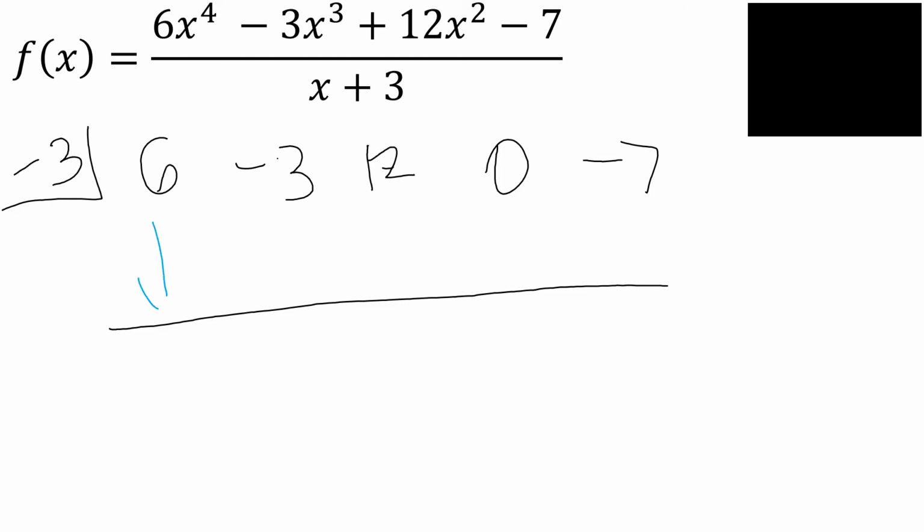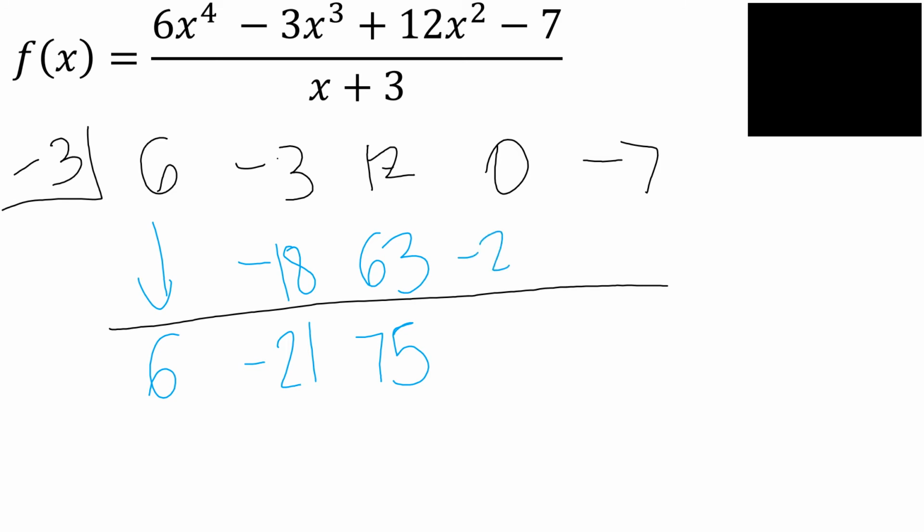And we will bring down our 6. And we will have 6 times negative 3, which is negative 18. Negative 3 plus negative 18 is negative 21. Negative 21 times negative 3 is positive 63. 12 plus 63, 75. 75 times negative 3 is negative 225.